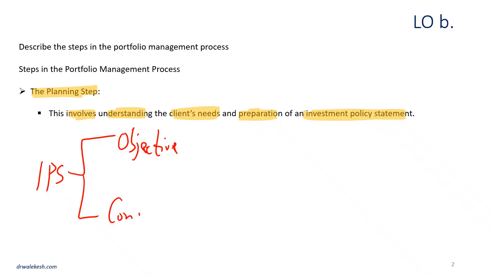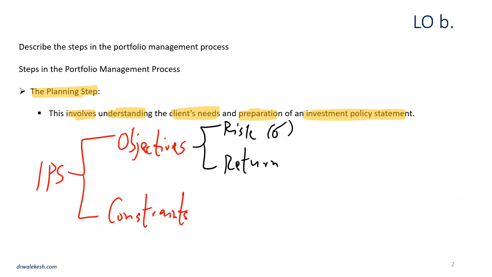The constraints will also have to be stated. The objective could be divided into 2: the risk, which we typically measure with standard deviation, and the return, which we measure with mean. The return will also be stated.